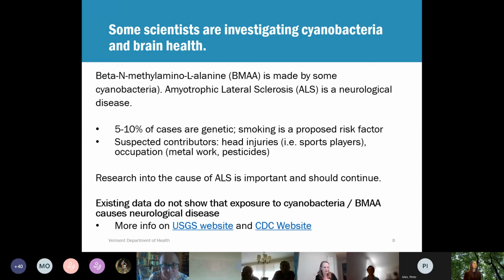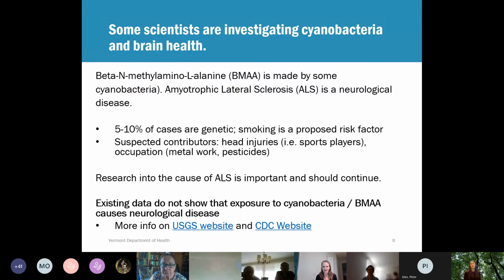That's a neurodegenerative disease. ALS is unfortunately a disease in which about 90% of cases don't have an explanation. Only about 5 to 10% are genetic. There are some proposed risk factors such as smoking, head injuries, so people who play professional sports and have many head injuries.